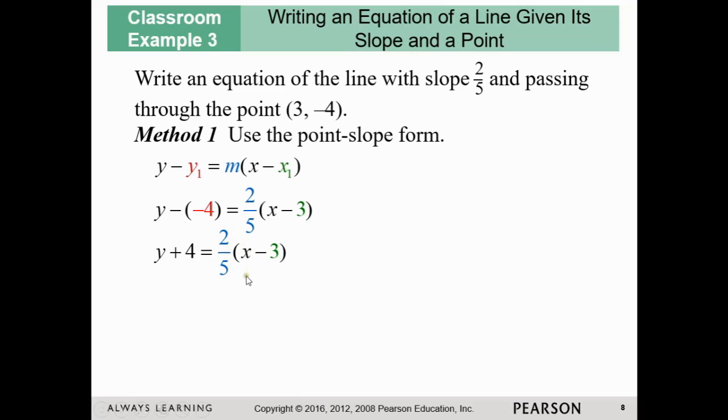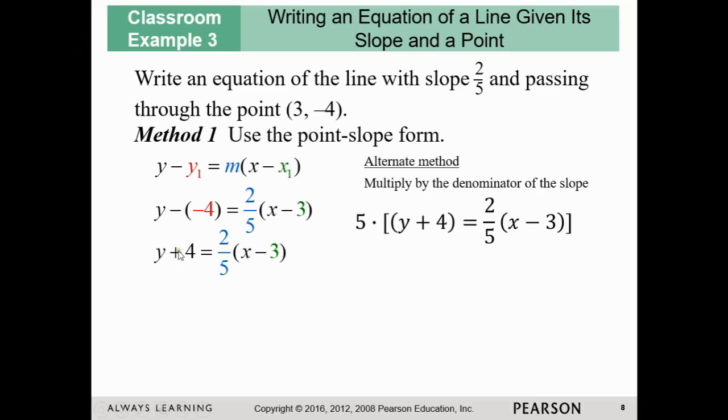You could distribute this 2/5 here and then move everything over, but then you're going to have to deal with finding a common denominator and handling fractions. But one way to quickly do it without having to do all that is to multiply by the denominator of the slope. And this is just one alternate way. It's really handy, especially when you're going to standard form.